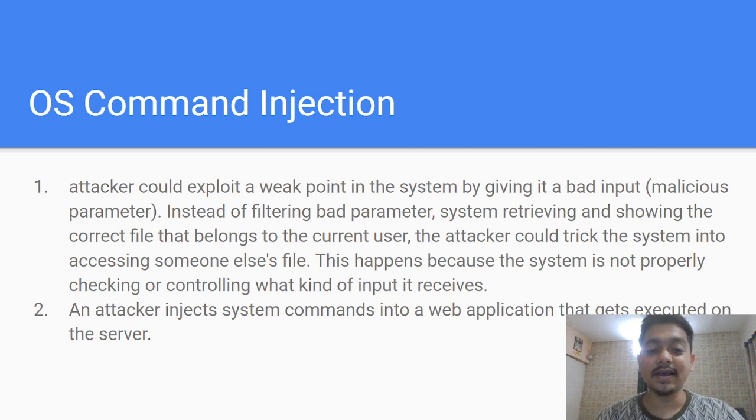Instead of filtering the bad parameter, the system retrieves and shows the correct file that belongs to the current user. The attacker could trick the system into accessing someone else's file. This happens because the system is not properly checking or controlling what kind of input it receives. So basically, the attacker can inject system commands in the web application that get executed on the server.